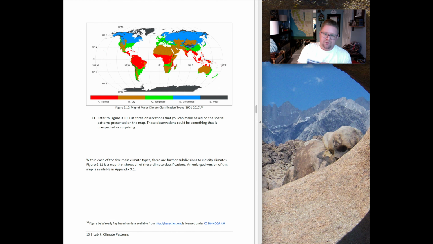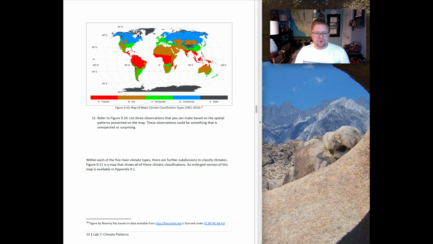Question 11: list 3 primary observations that you make based on the spatial patterns presented in this map. These observations can be unexpected, surprising, or maybe even something you expected. Are there correlations? Are there any patterns that you observe in this map?